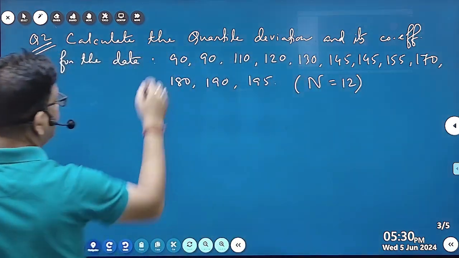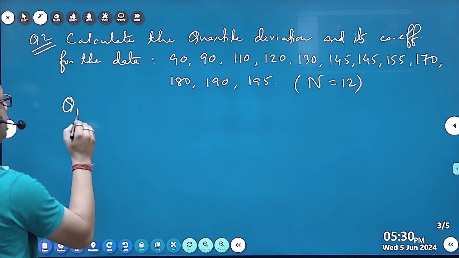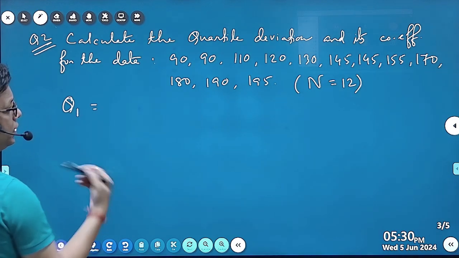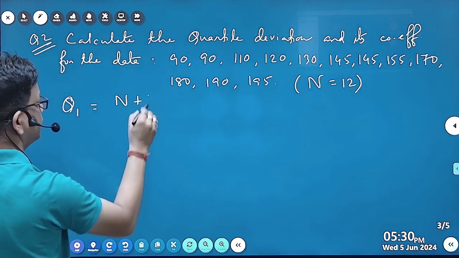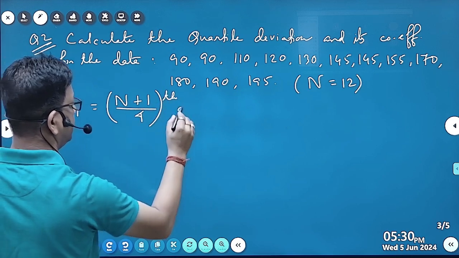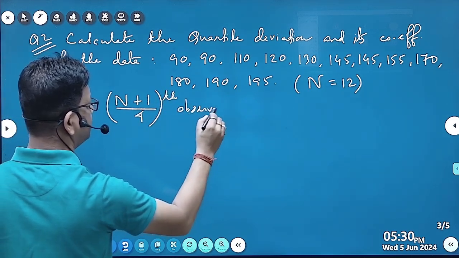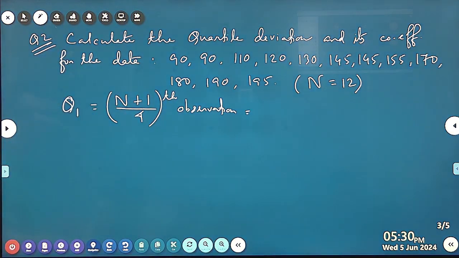Now, to find quartile deviation and coefficient of quartile deviation, as you know already, we need first quartile and also the third quartile. So first quartile, already you have learned, is the (n plus 1) divided by 4th observation. Put it, then you'll understand the difficulty of the quartiles here.